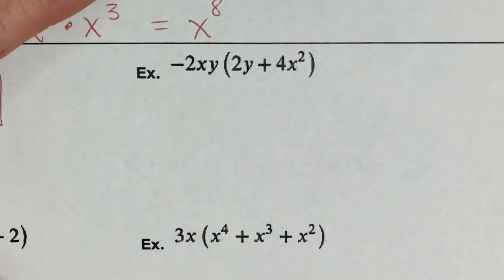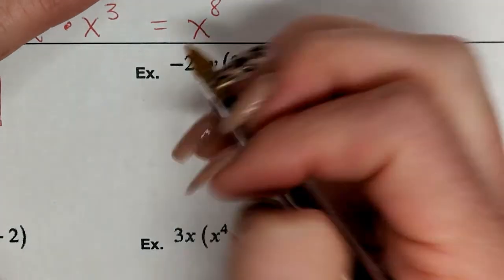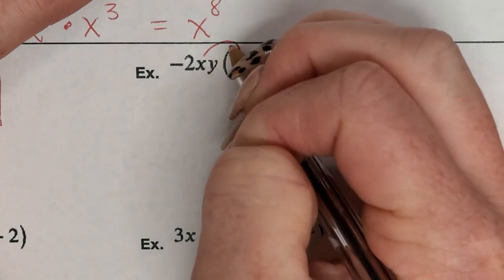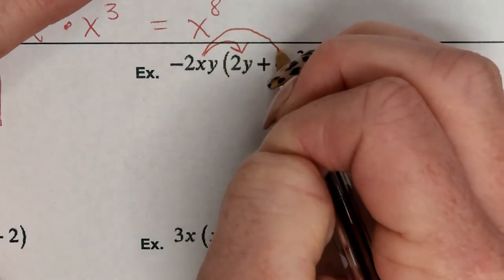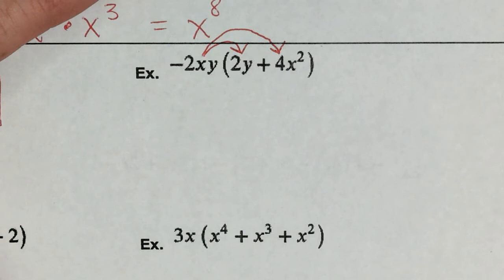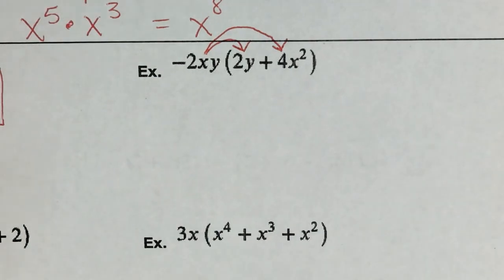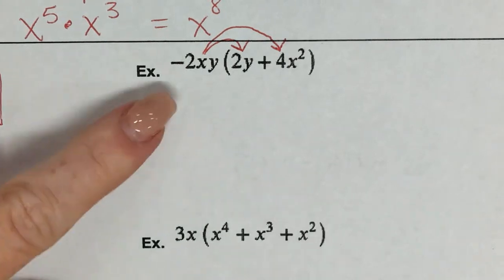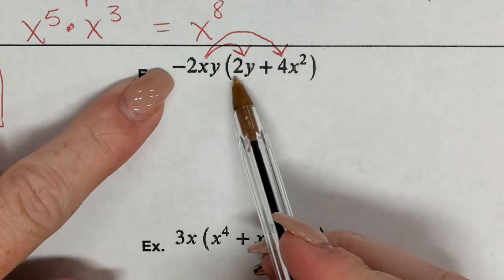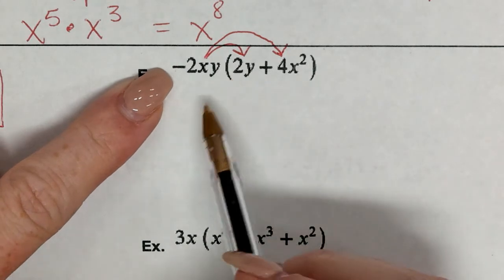I am going to distribute this with this first term and with this second term. Now, in order for you to do this successfully, you have to remember your rules of negatives. A negative times a positive is a negative, and a negative times a negative is a positive, okay. So if I have a negative times a positive, then what do I need to write?